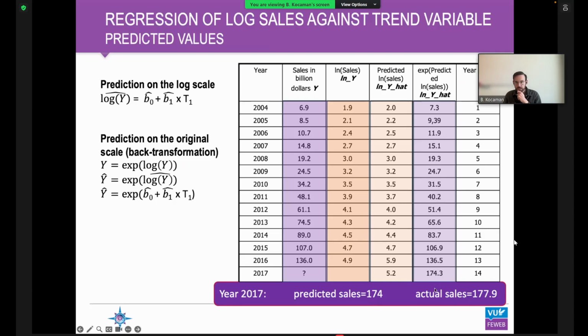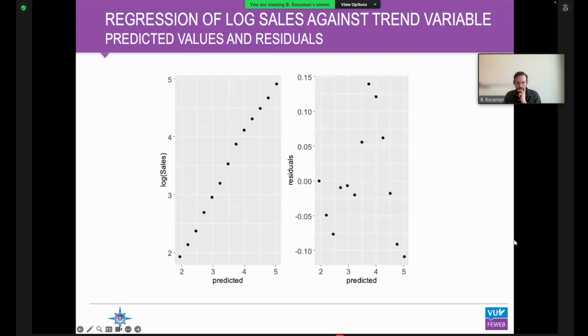And if you remember, the actual sales was 178. So we now get a very close prediction, actually, compared to the previous prediction, which was around 120. So this is way more accurate.